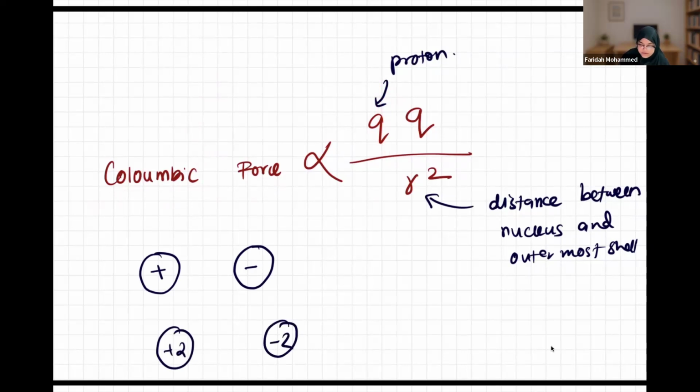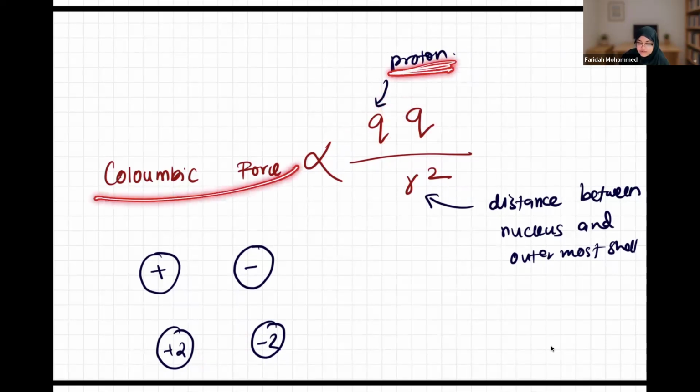And think about the distance being exactly the same. Which one's gonna attract more? The one with higher charge, right? They're gonna have more Coulombic attraction. So if the charge or number of proton is higher, the Coulombic force is higher.